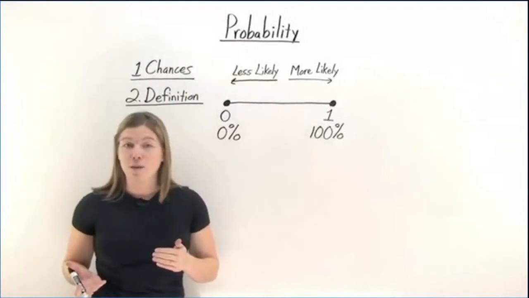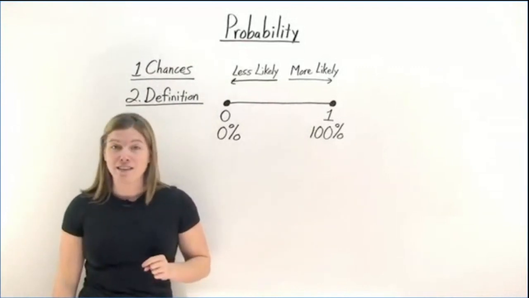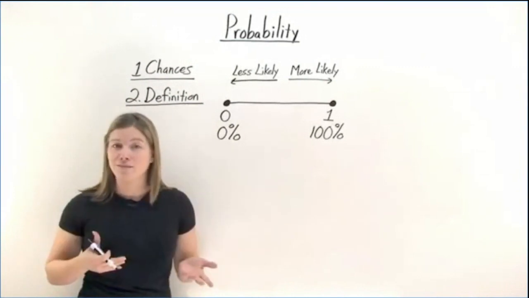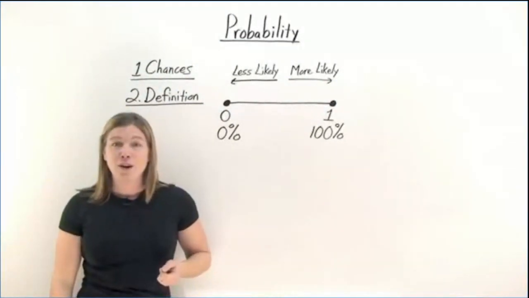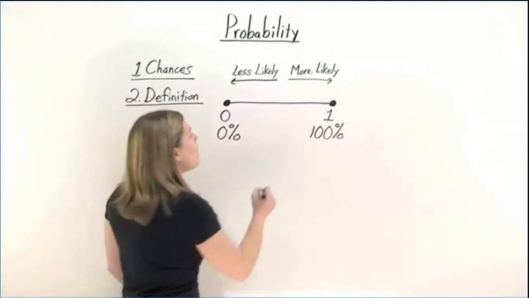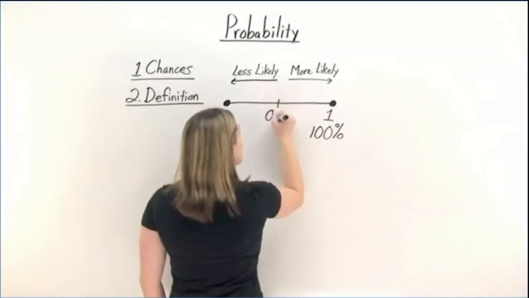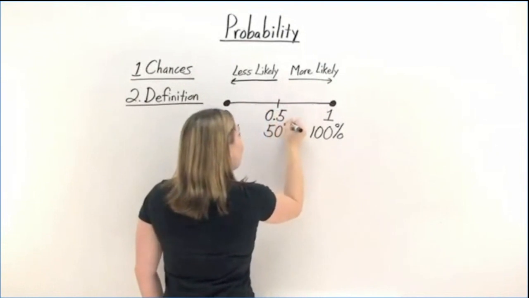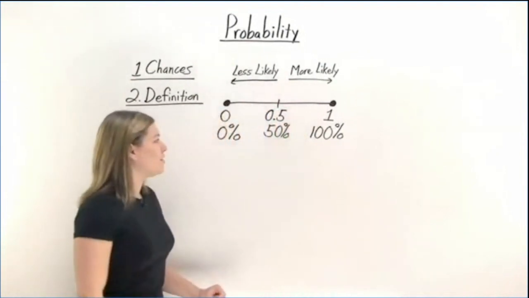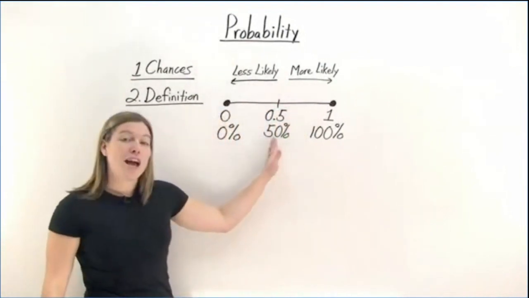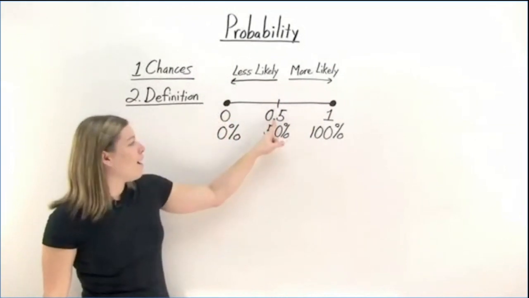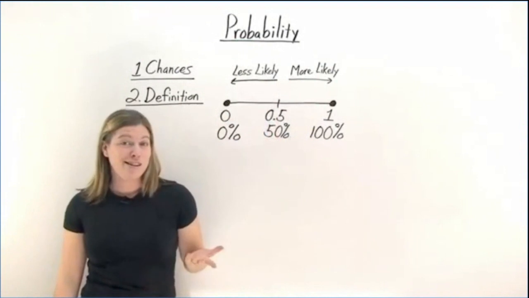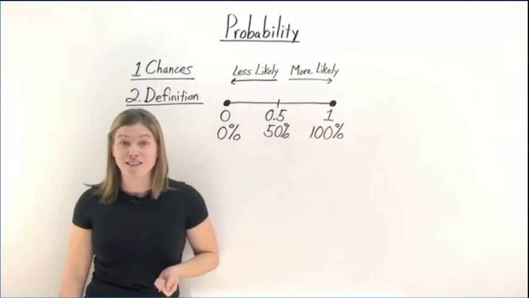Now, what about our other examples? Flipping that coin and getting heads. Well, when we flip a coin, we can either get heads or tails, since there's only 2 sides to a coin. So when we flip a coin, we have a 1 out of 2 chance to get heads, or 0.5, or a 50% chance. So since the coin only has 2 sides, we have a 0.5 or a 50% chance to get heads and a 50% chance to get tails.